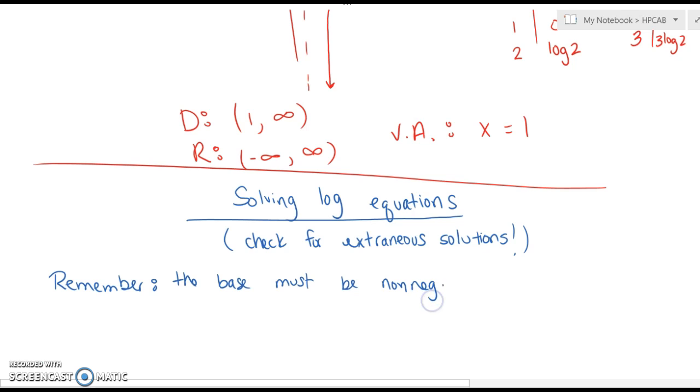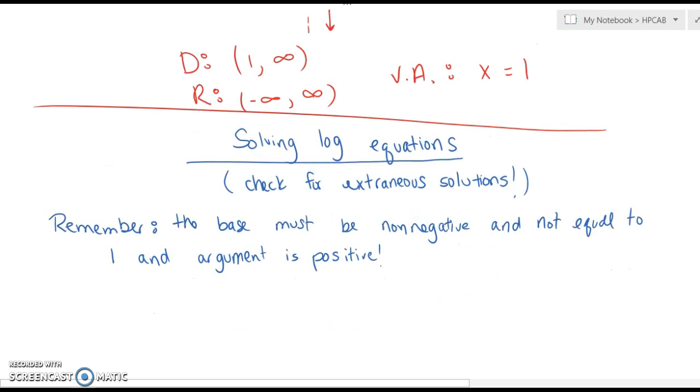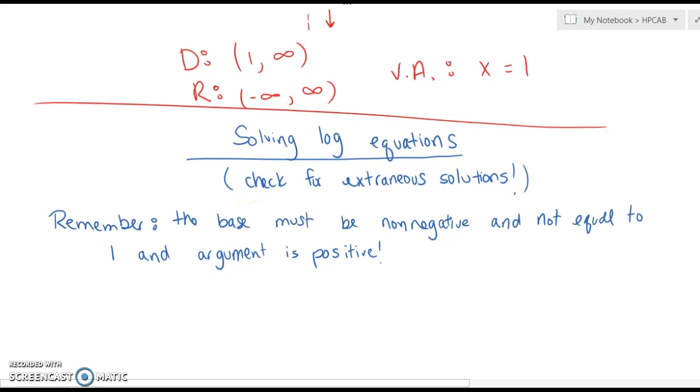Alright, when you're dealing with the log, the base must be non-negative and not equal to 1, and the argument has to be positive. Okay, so that's something to keep in mind. We already kind of talked about that before. But if you get something where the base is equal to a negative number, then that's like an extraneous solution. So that's something to kind of keep in mind.